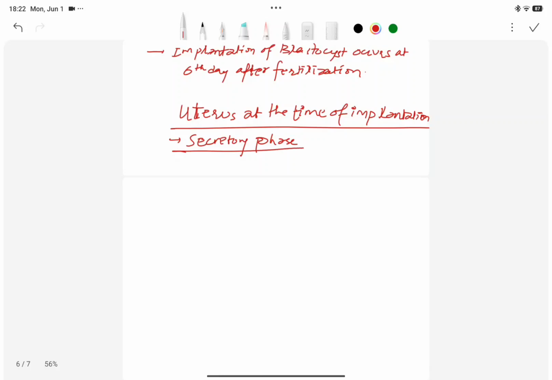The secretory phase begins 2 or 3 days after ovulation. For a normal female cycle of 28 days, ovulation usually occurs on the 14th day.